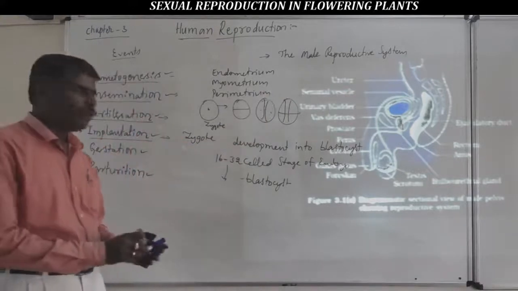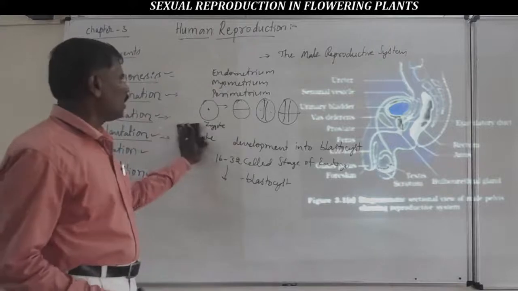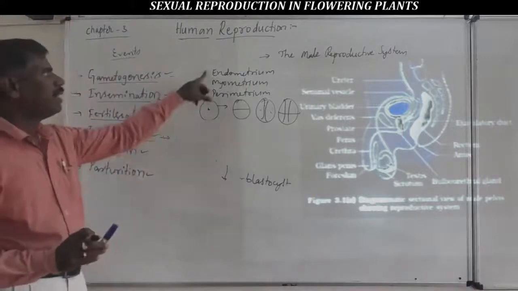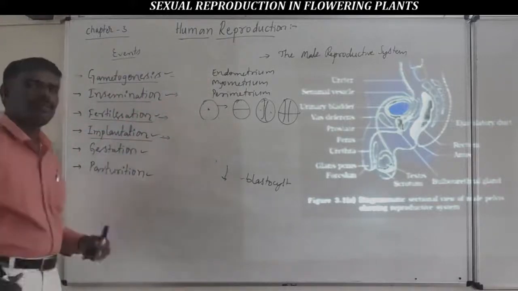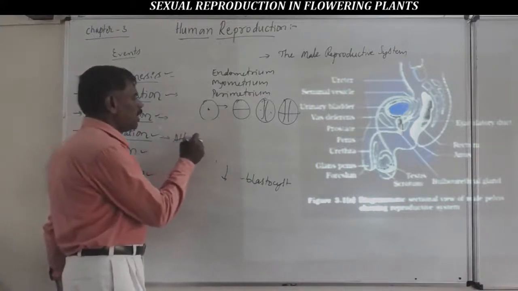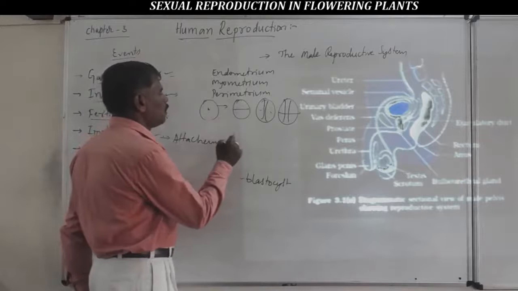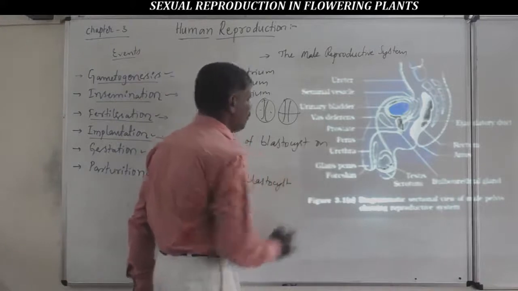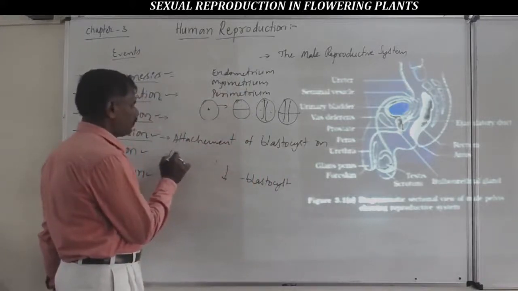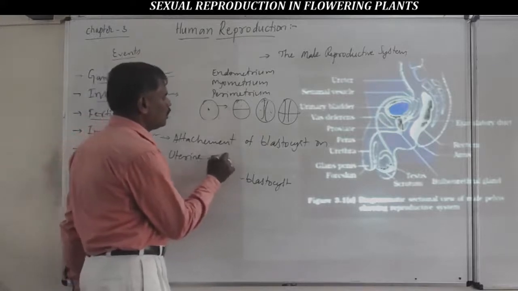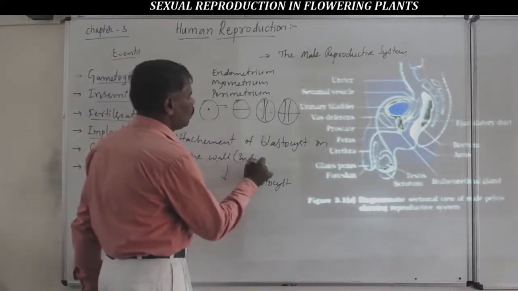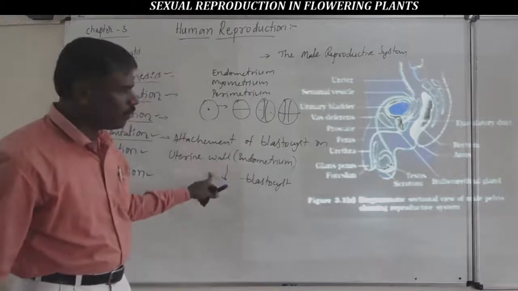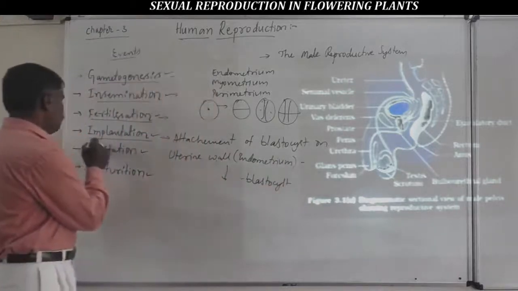The uterus wall consists of these 3 layers, and the blastocyst attaches to the endometrium of the uterus, which is called implantation, that is the attachment of the blastocyst on the uterine wall, the endometrium.